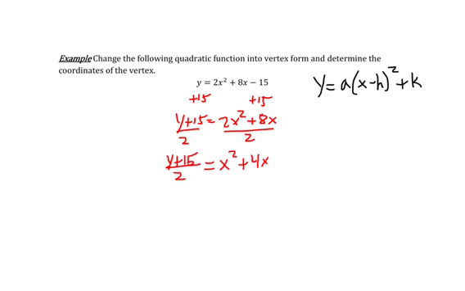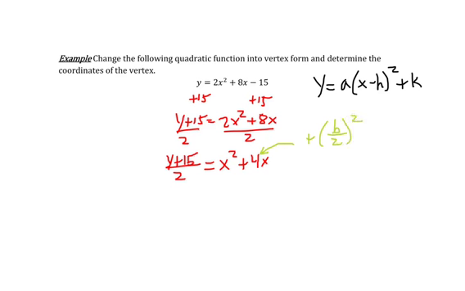So, in order to do that, we need to take this b value that we have right here, and we're going to add half of that squared to both sides.